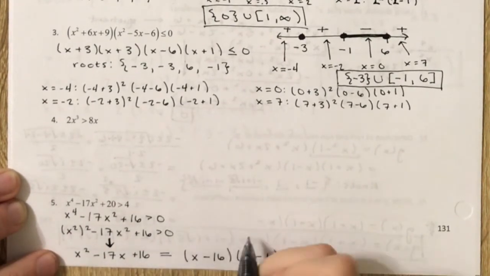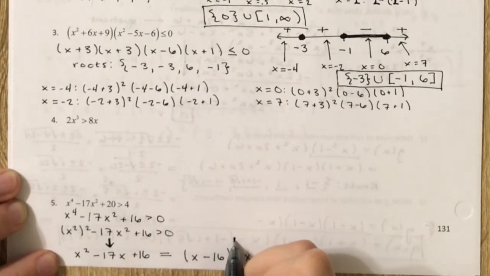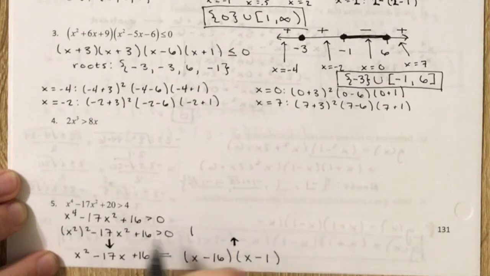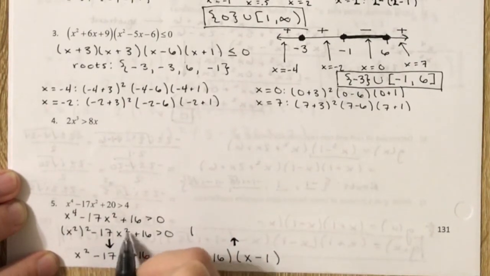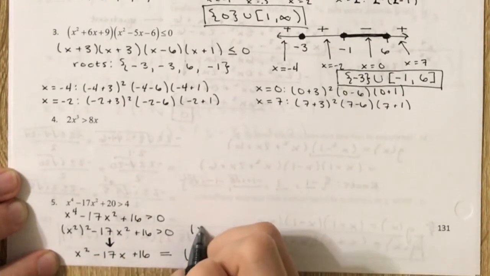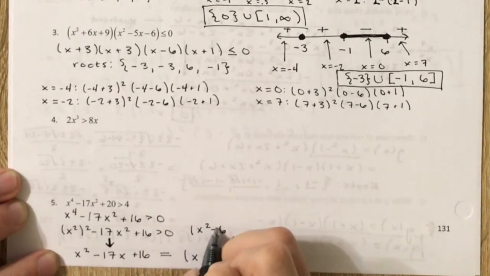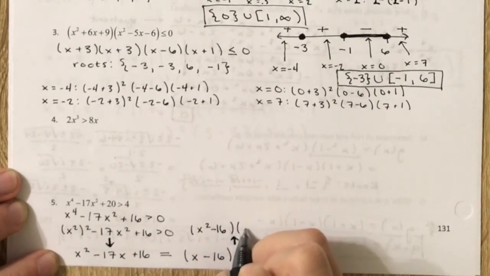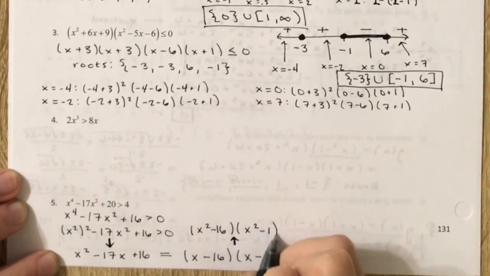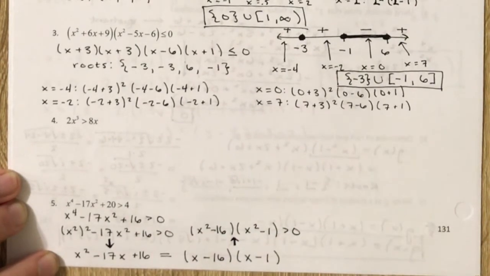Then we can convert this back so that it looks like this. So instead of having x, we have x squared. So we have x squared minus 16 times x squared minus 1 is greater than 0.